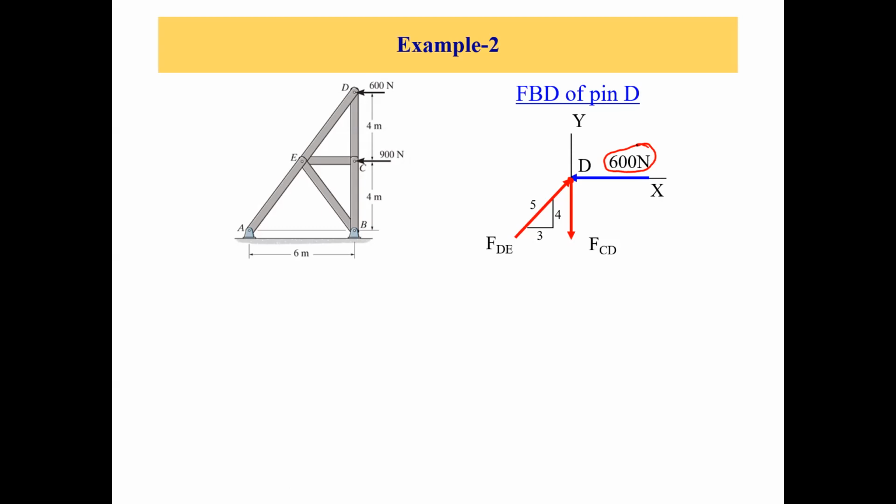If you visualize the 600 newton force coming onto joint D, it gives compression to member DE. So for now, just go with the idea that FDE is in compression and FCD is in tension.